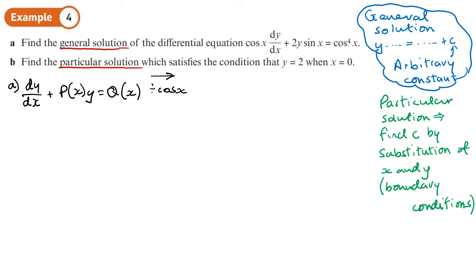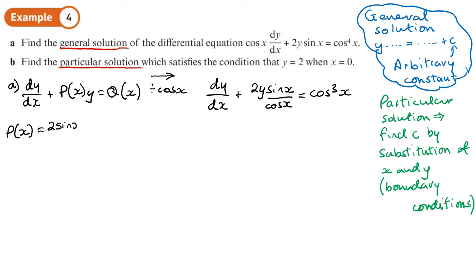So if I do that, I'll have dy dx plus 2y sine x over cos x equals cos cubed x. So I've divided everything by cos x to make it fit this pattern. So then I can say that p of x will equal 2 sine x over cos x, which is basically just 2 tan x.